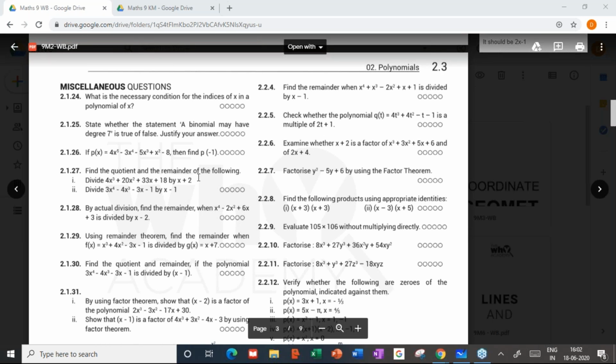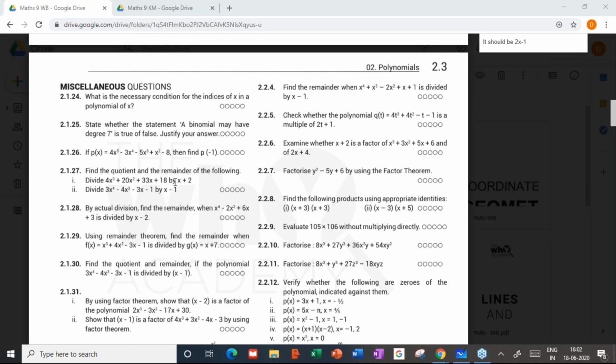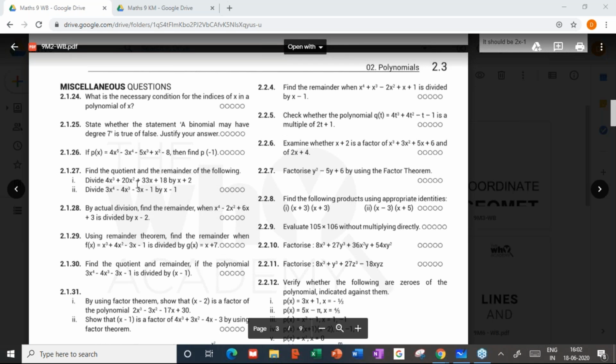But they have asked you for the quotient too, which means using long division is a better idea, because the remainder theorem gives only the remainder, which is just half of the answer. If you do long division, you get both. So for these two questions, it will be advisable to do long division.